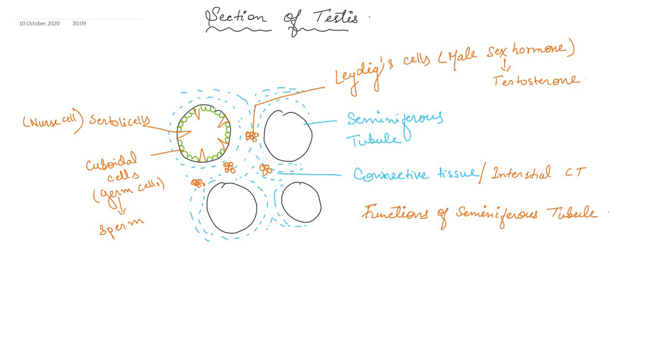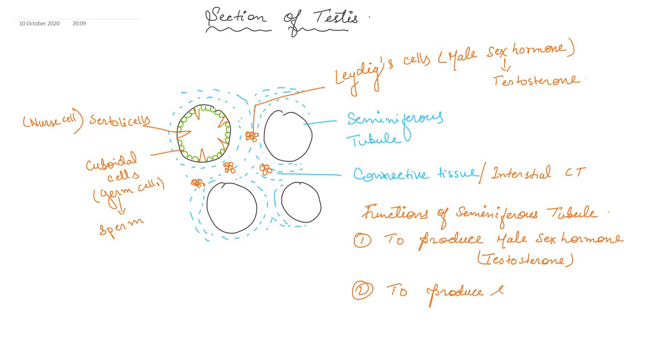First one is to produce the male sex hormone testosterone. Second function is to produce sperm.